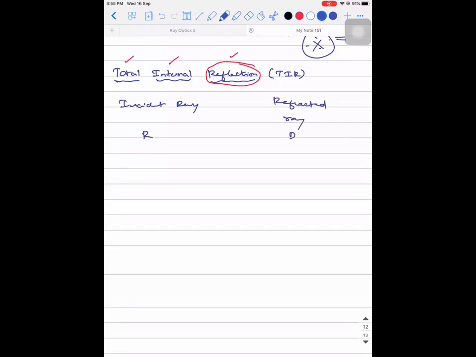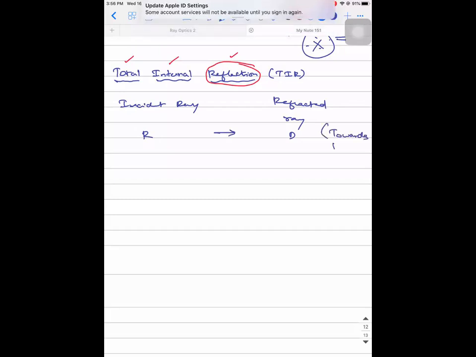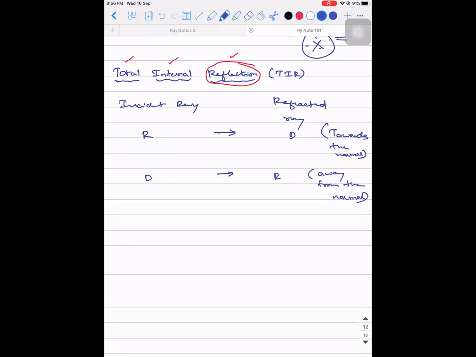From rarer to denser medium, it bends towards the normal. From denser to rarer, it bends away from the normal. This is a known fact, right?